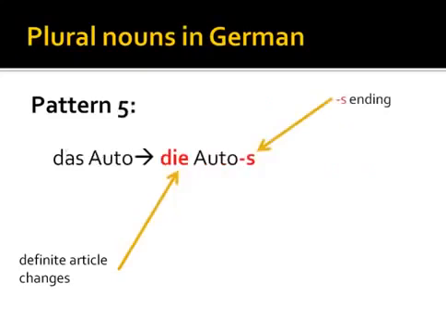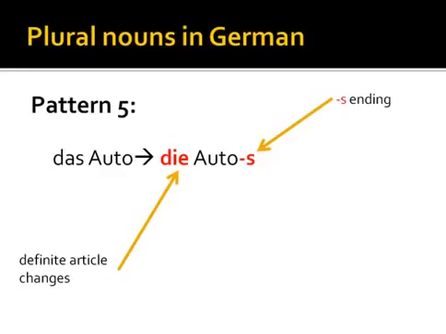And finally, the fifth pattern, which is by far the easiest, das Auto, which is a neuter singular, changes to die plural, Autos with an S. Now, this fifth pattern generally occurs in words that are foreign loan words.